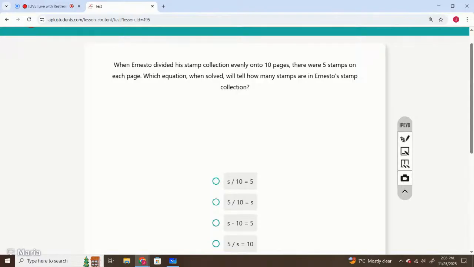When Ernesto divided his stamp collection evenly onto 10 pages, there were 5 stamps on each page. Which equation when solved will tell how many stamps are in Ernesto's stamp collection?